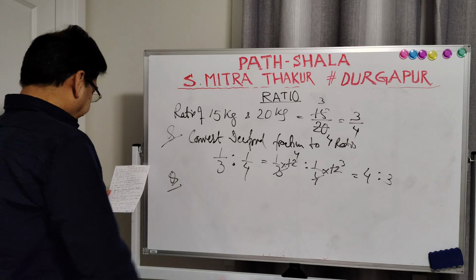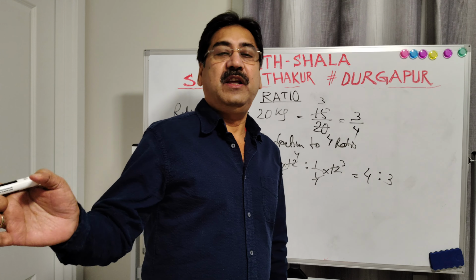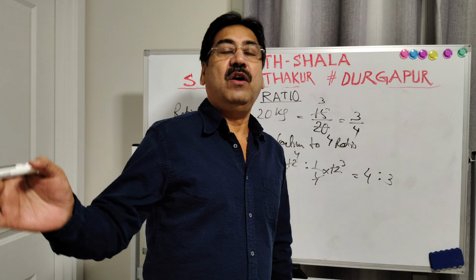Second, how to divide something in a ratio of 2 or 3 or 4? How will an amount be divided in the ratio 2:3?